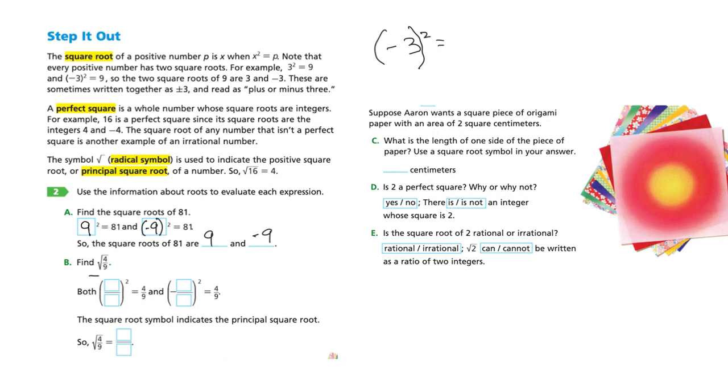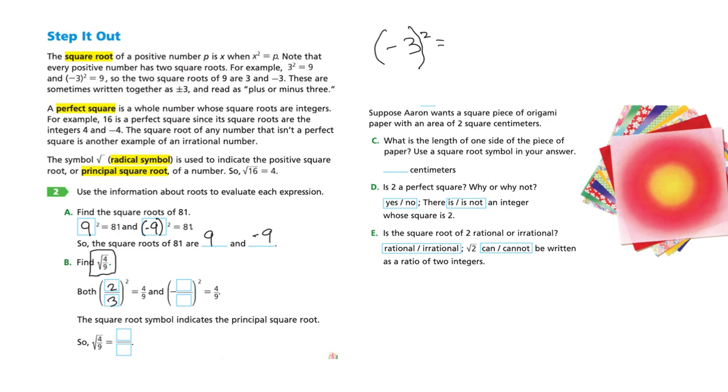So here they want you to find the square root of a fraction, which is not so bad if both the numerator and denominator are perfect squares. So you would say the square root of 4 is 2 and the square root of 9 is 3. So it would be 2/3 squared.